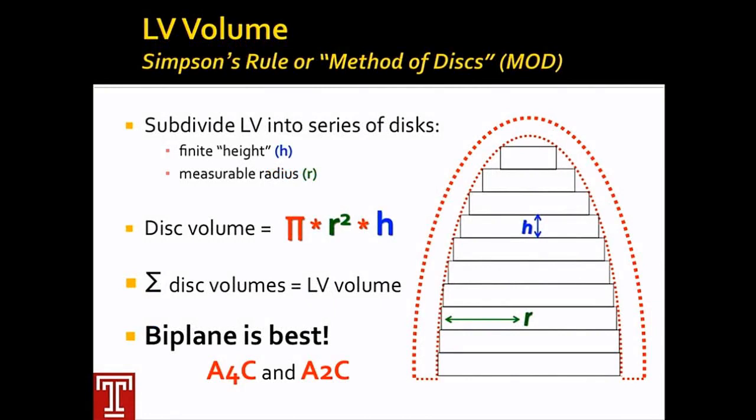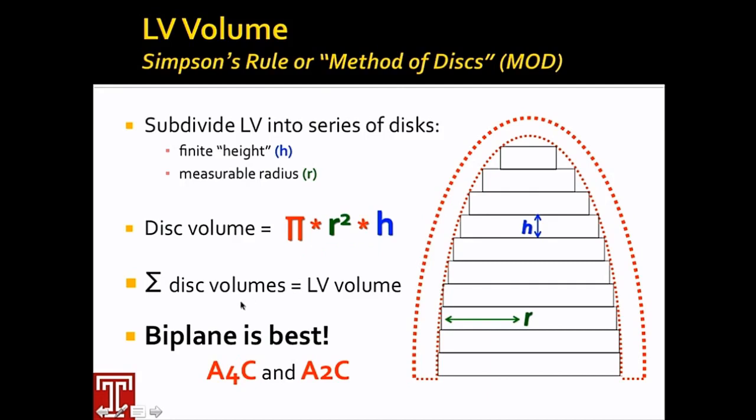The thought behind Simpson's method is that it's a summation of discs. What the measurement does is it subdivides the left ventricle into a series of discs of a finite height and a measurable radius. The volume of each individual disc is calculated as pi r squared times h.